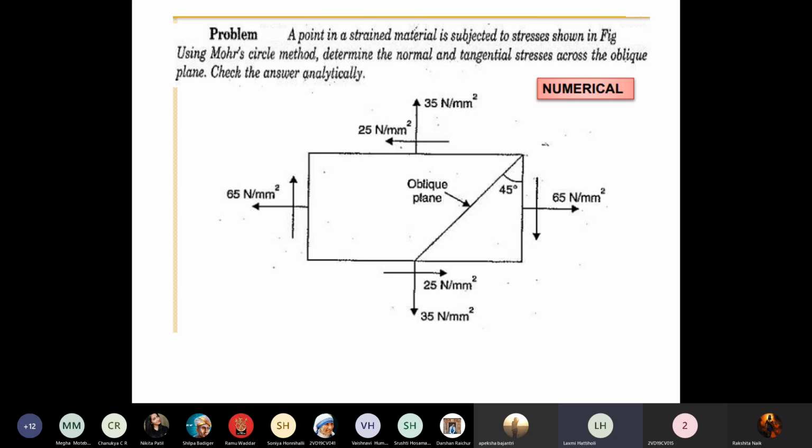In both the direct stresses, sigma x and sigma y, which is higher and which is lower? Yes? Can you answer me? Yes? Am I audible? Yes? Can I get the answer?